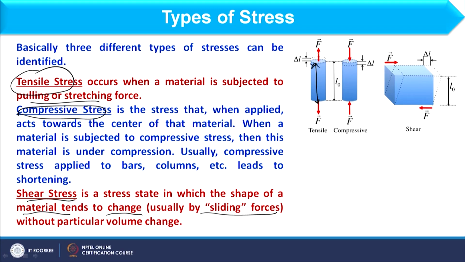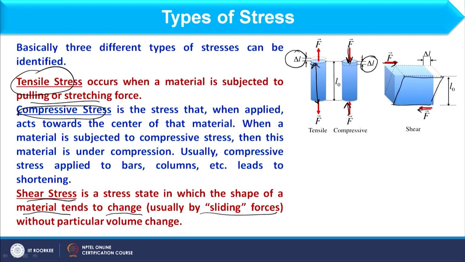When I am applying a tensile load, we have a change in length, that is delta L, so the whole length changes by delta L. Similarly, when I apply a compressive load, or compress this, the overall length is reduced by delta L. And in sliding, or shear, or tangential stress, we apply two opposite forces, and then it changes the shape of the object like this.